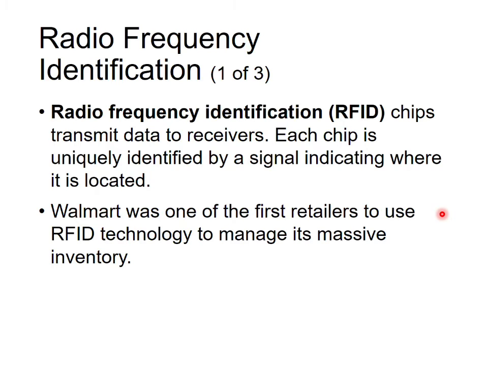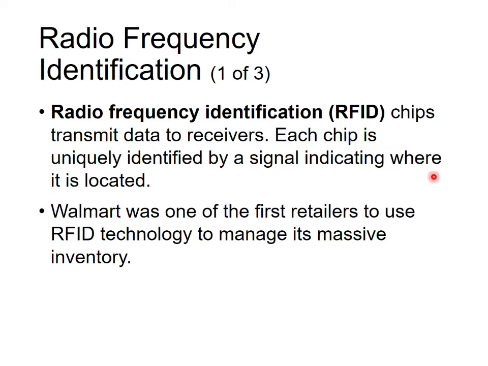Then we also have radio frequency identification. These are the RFID chips. They are used almost everywhere, not only in healthcare, but in healthcare they are used for certain functions. These chips are uniquely identified by a signal indicating where they are located.